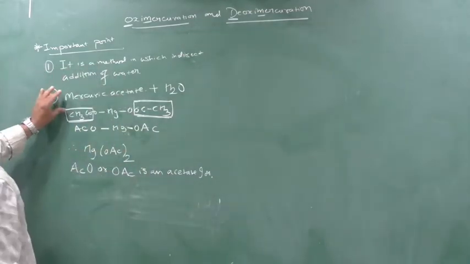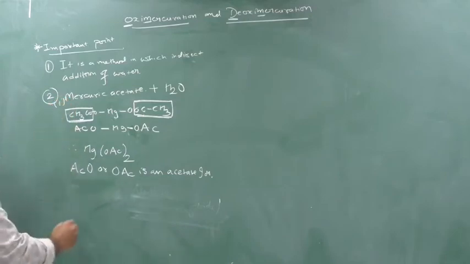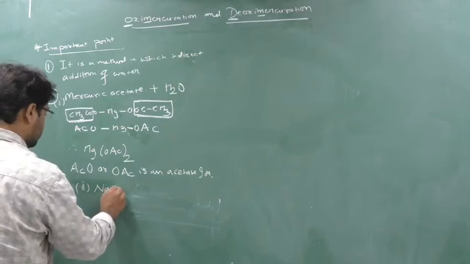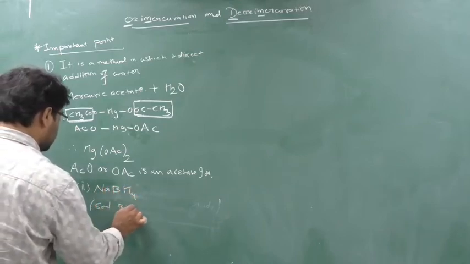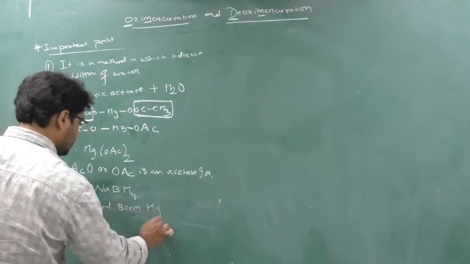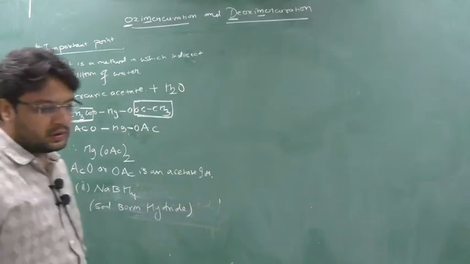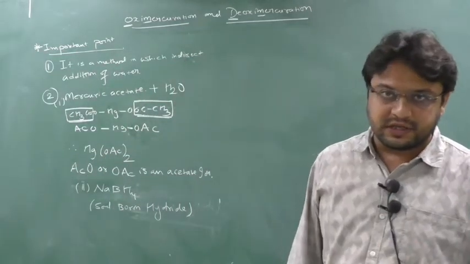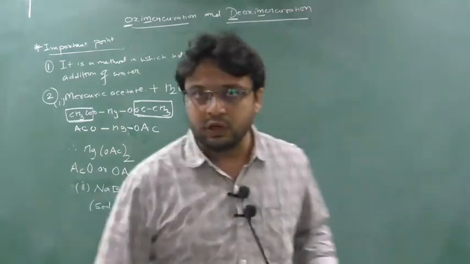So the first step is mercuric acetate plus water, and in the second step we are adding sodium borohydride. Clear? So here in the first step you are adding mercuric acetate along with water, and then in the second step you are adding sodium borohydride.